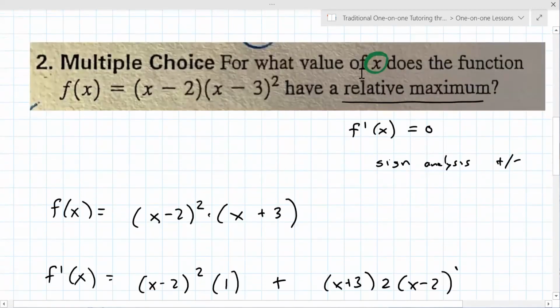No, but sometimes they want to know not only what the x value is, but what the relative max or relative min is, not where it occurs. I see. So you have to be comfortable doing both. Is that clear? Yeah. Okay.